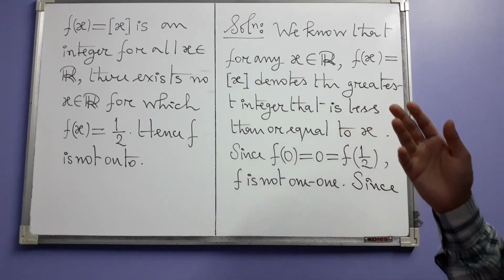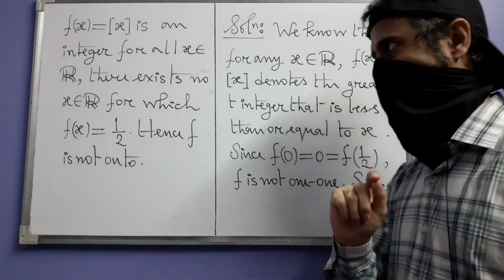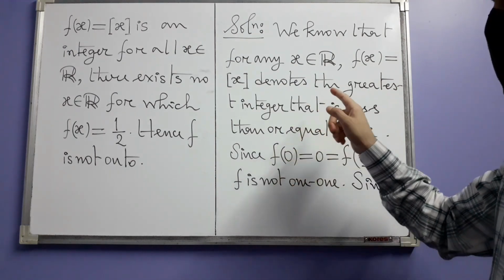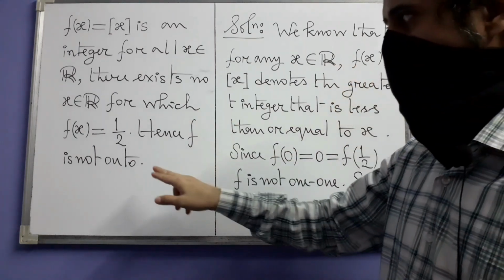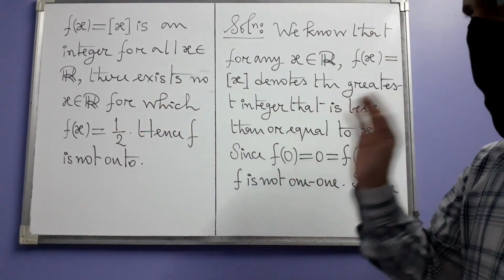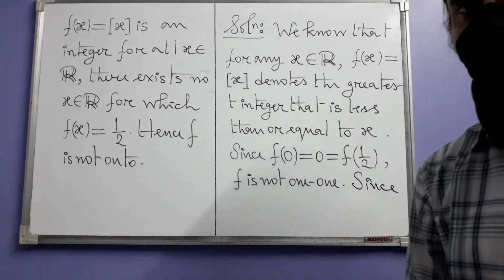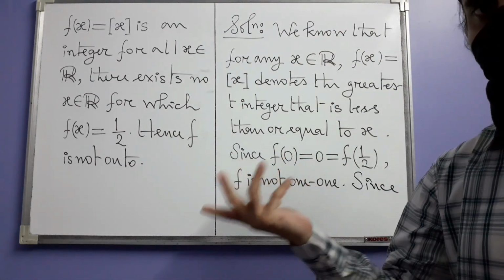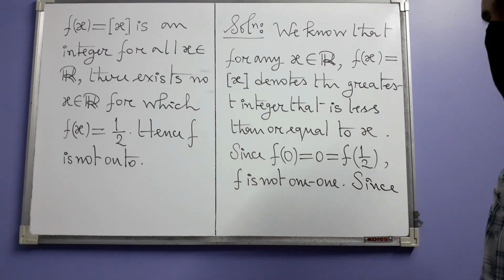In fact, it may not even be a rational number, but the output is always an integer. So if you choose a non-integral point from the codomain, for example 1 divided by 2, that can never appear as the output for any input under the function f. But then that means that f is not onto. So there we have the solution.